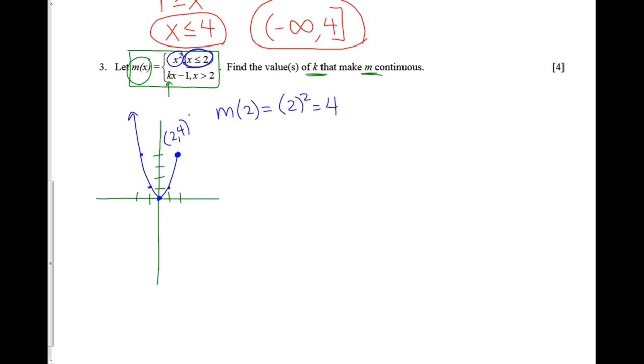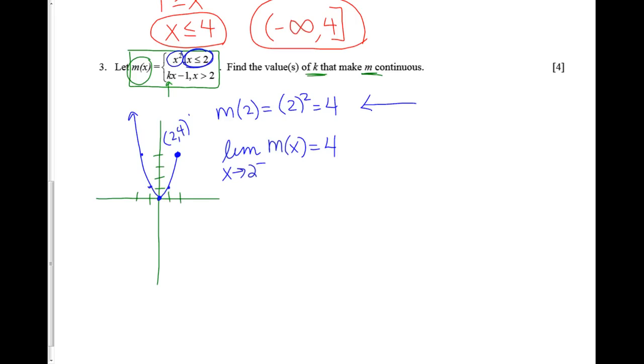In order for a function to be continuous, I have to have 3 things happen. First, the function has to exist at that point. Well, this one does. M of 2 is equal to 4. The next thing that has to happen is that the limit as x approaches 2 from the left of that function would also have to be equal to 4.